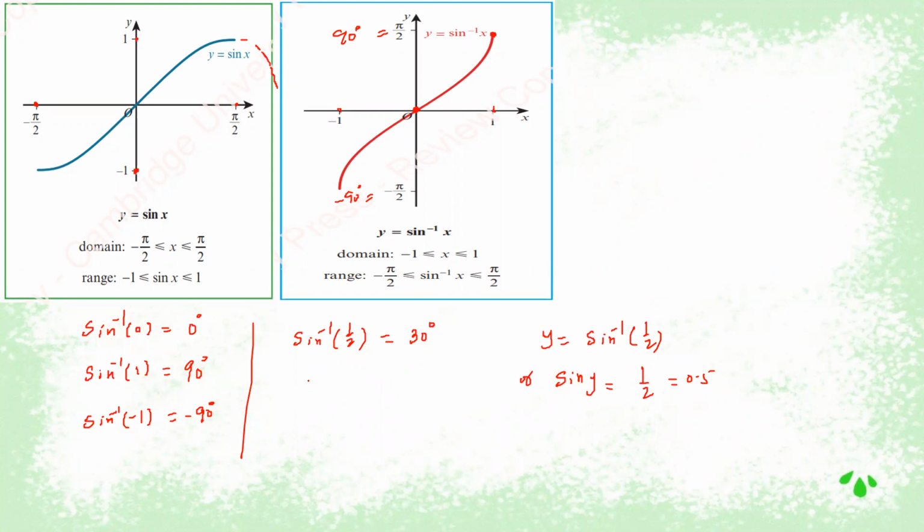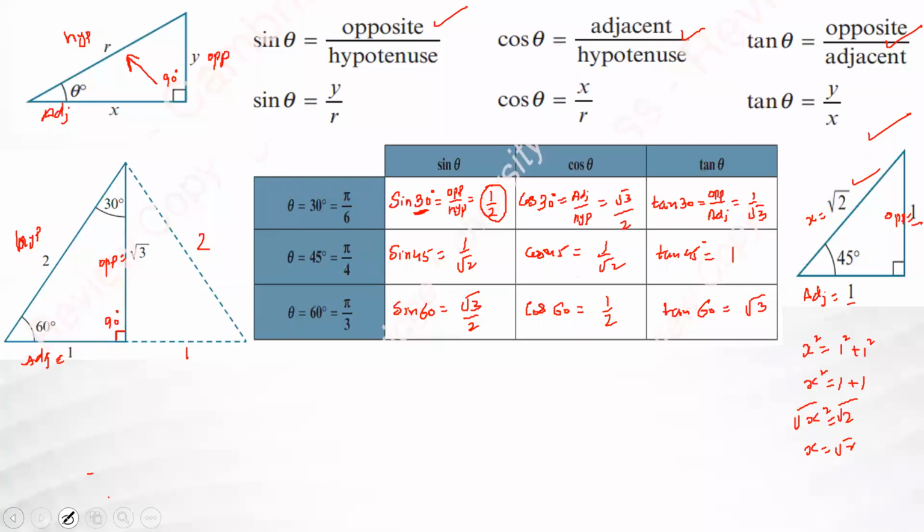If we check one more value or two more values, let's have a look. Sine inverse square root of 3 over 2. Remember that sine inverse square root of 3. If again you check from the previous shape, that is 60. But let me check again. Look, if you check sine 60 here, it is exactly square root of 3 over 2.